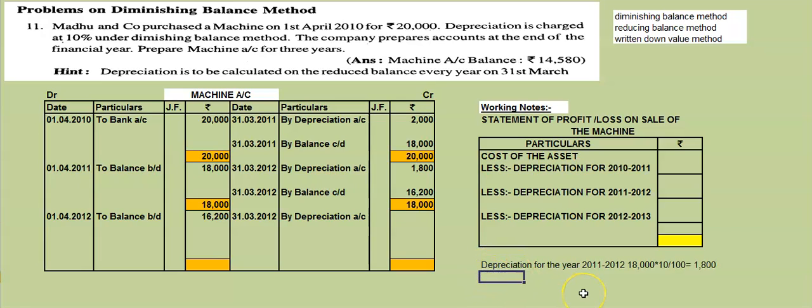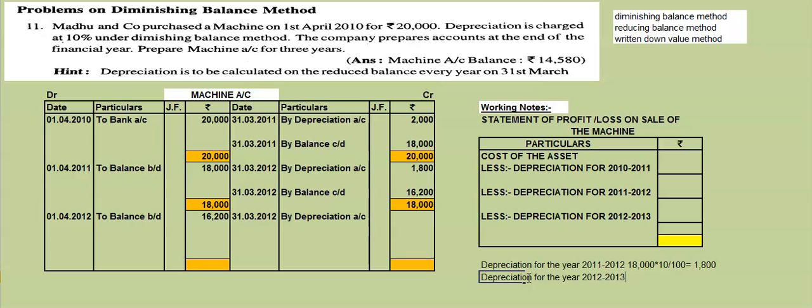So I will show here how to calculate. So depreciation, what do you have to do? Only these values will change. Up to what? So depreciation for 2012 to 2013.